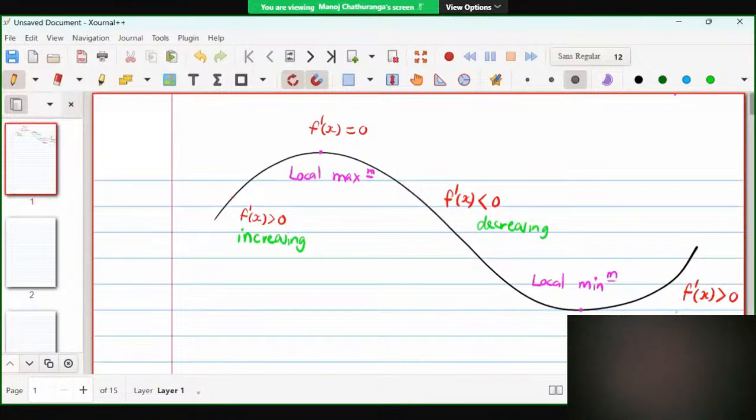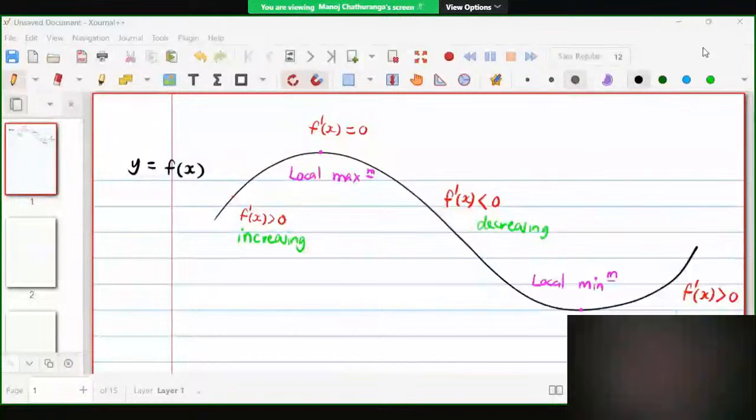So now let's keep this idea aside and come back to it later. This will be very helpful for us, because this gives us a direct relationship between the behavior of the function and its derivative. So for now, let's keep this aside and see what can go wrong.